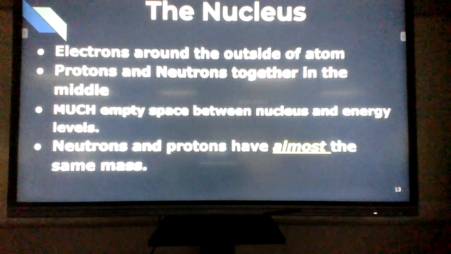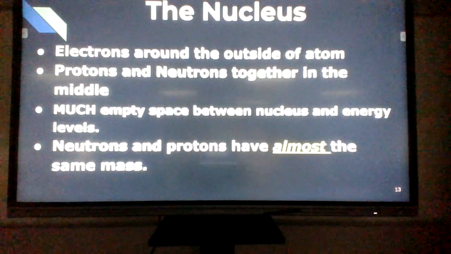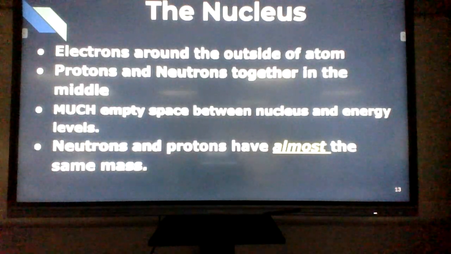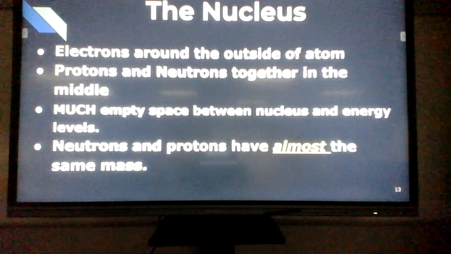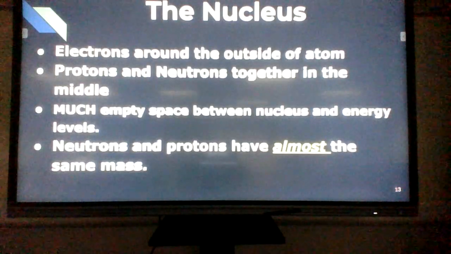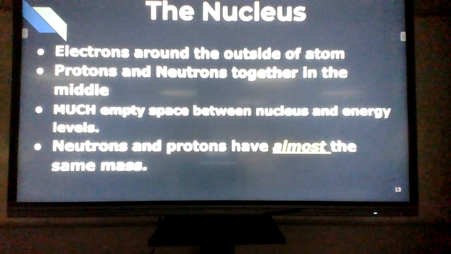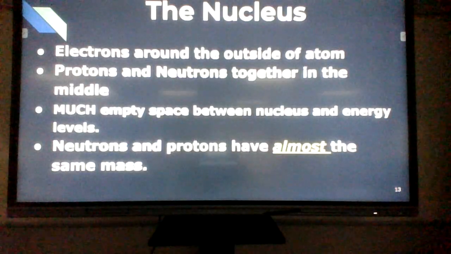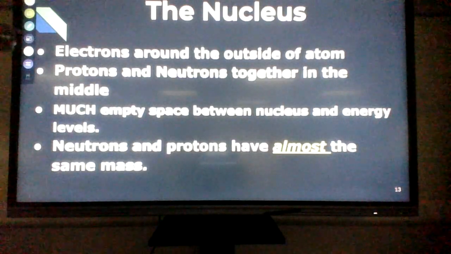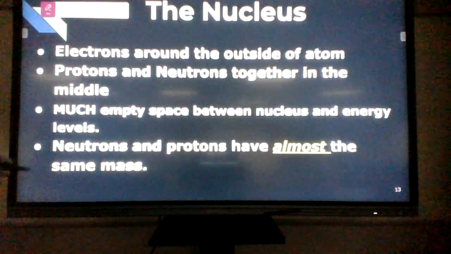The electrons orbit around the nucleus. The protons and the neutrons make up the nucleus. There's a whole lot of empty space between the nucleus and the first level of electrons. And as I said a few moments ago, neutrons and protons have almost the same mass. And once again, the difference is the electron.